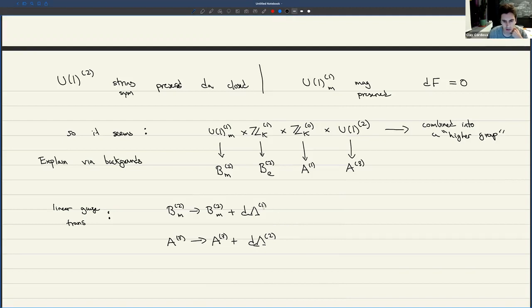But what we'll find is that although these are the right sort of linear terms in the gauge transformations, we require, to make the symmetries really work, some interesting nonlinear terms. So these are going to be nonlinear terms that depend on other backgrounds.